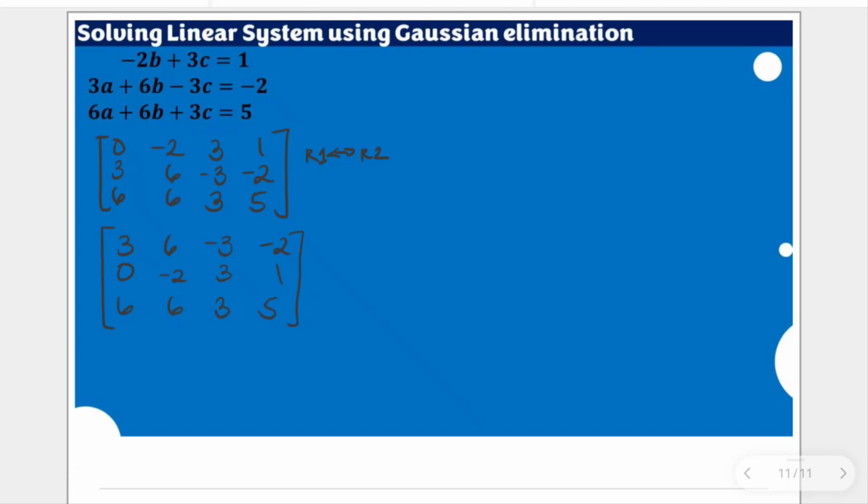Then we apply necessary operations pertaining to making this a leading one. So we are going to multiply 1/3 to all entries of our row 1 to come up with the new row 1. And also, if it's okay, let us try to make this 0 at the same time.